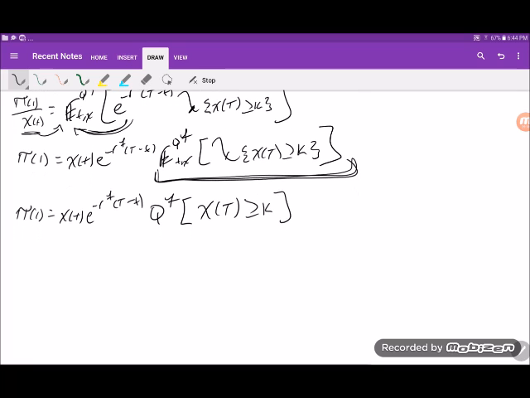Great. Now again, we see the importance of already having xt under QF figured out.